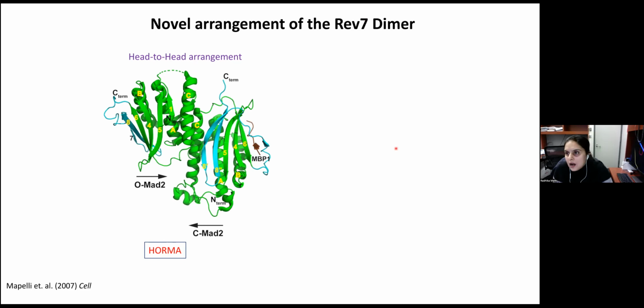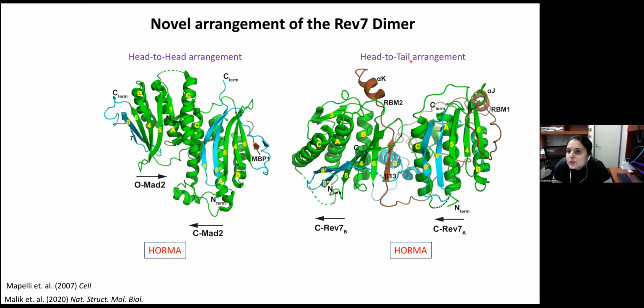Whereas what we saw in our case was more of a head-to-tail dimer, where these C helices are actually quite far apart from each other. And both the Ref7s are interacting with the RIR domain with these specific RBM motifs, which are actually conserved across all the species of Ref3.